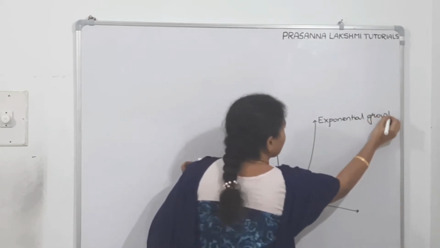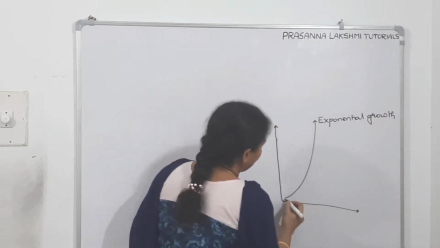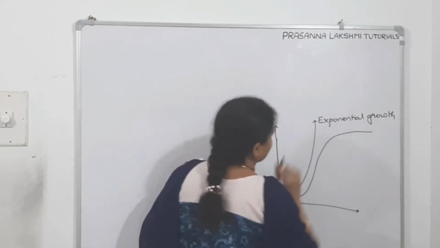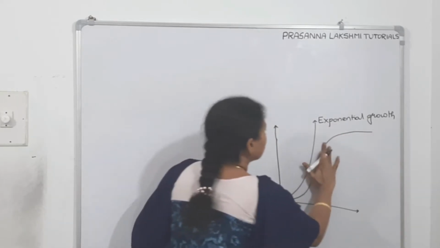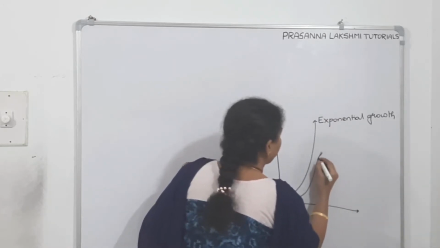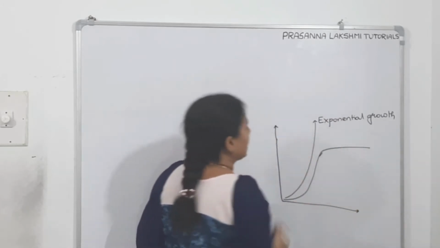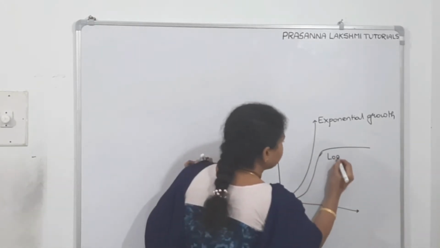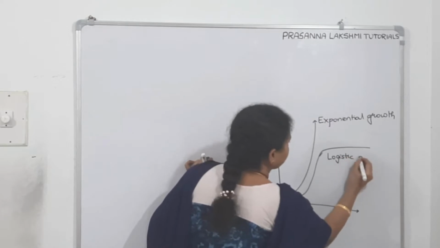And for the next one, logistic growth, we are getting a graph like this. For logistic growth, we are getting a sigmoidal graph, right? This is sigmoidal. So this type of graph is for the logistic growth curve.